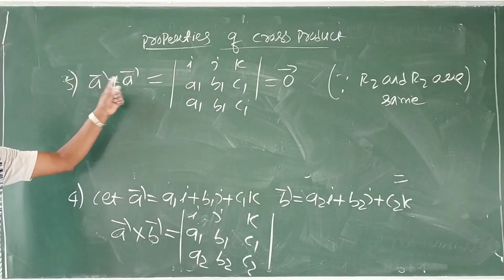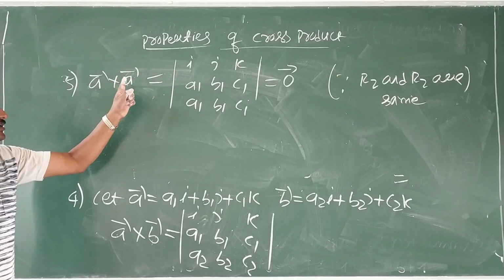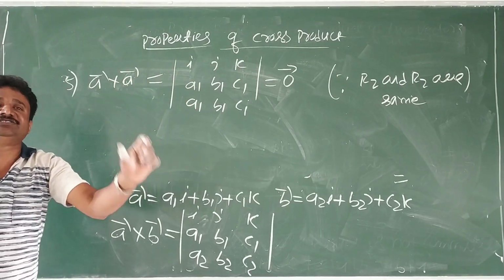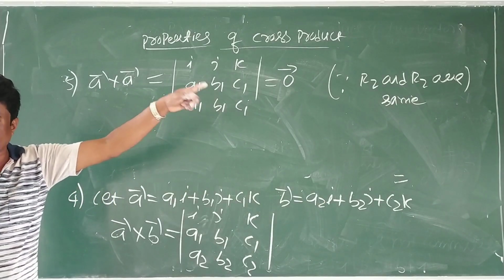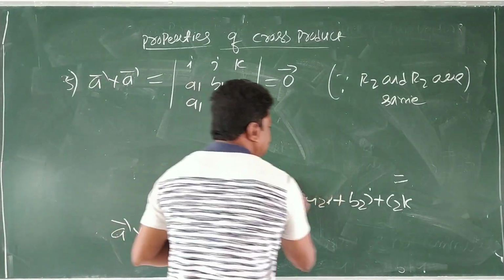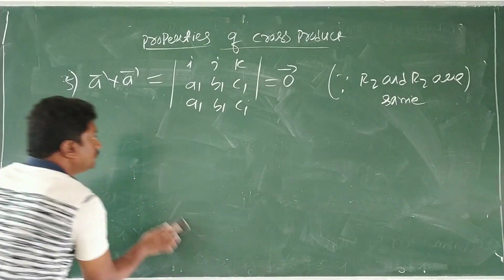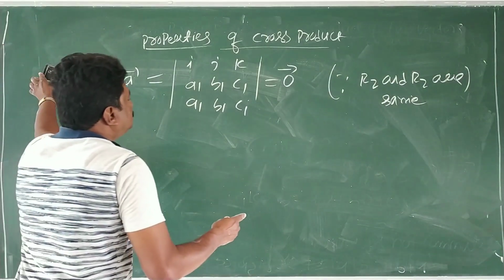How much is the cross product of two identical vectors? 0. I hope you understood this. Now let's move on to the next property. So that is A cross A equals 0.